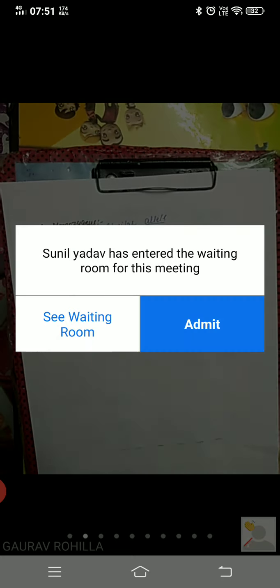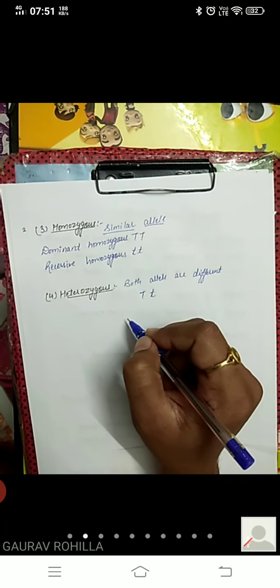Next is heterozygous. Both alleles are different, meaning capital T and small t. It's a case of heterozygous condition.